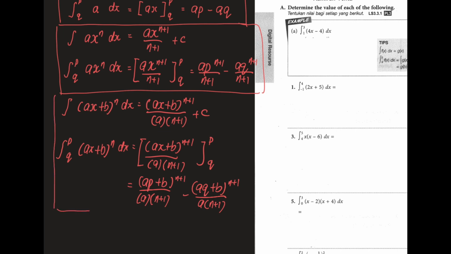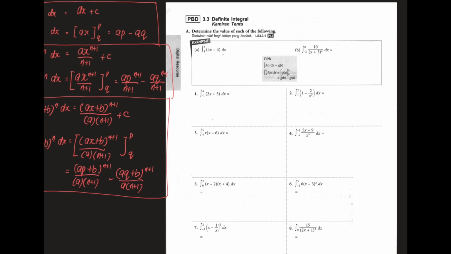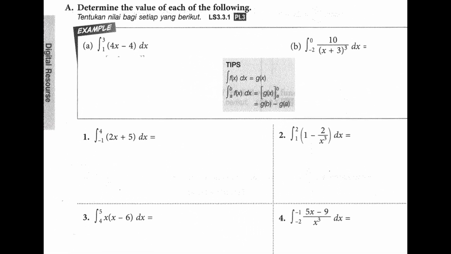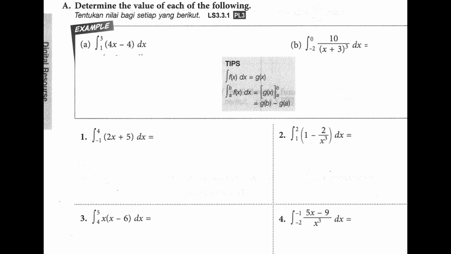Okay, then you will see in general the situation will be like this. They just put everything in general only. Now you see the tips here. If you have the integration of fx equal to gx plus c, I have to say plus c.